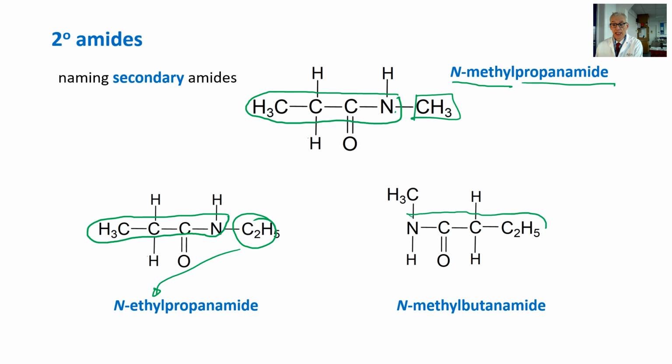So here is the amide functional group incorporating the longest carbon chain: 2, 3, 4. So this is butanamide within the green circle, and attached to the nitrogen, which I've deliberately placed at an odd angle, is a methyl group. So that's N-methylbutanamide.